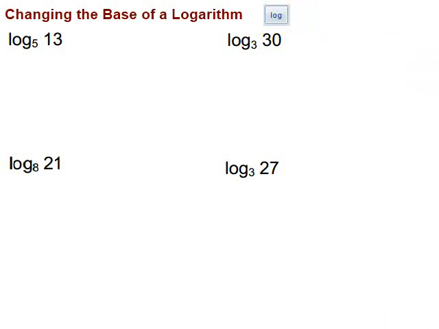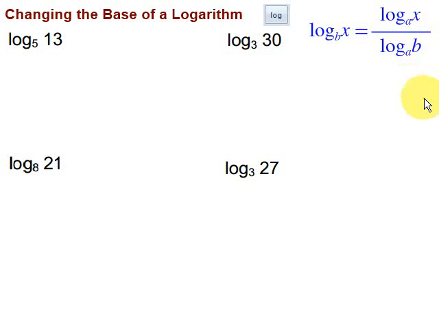So what I want to do is be able to change it so that I'm able to use my calculator and get an approximation of exactly what that logarithm would be. So we have a formula that allows us to do that, and it's simply this right here. If we have the log with the base b of x, that's going to be equal to a log, and then these a's are another base.